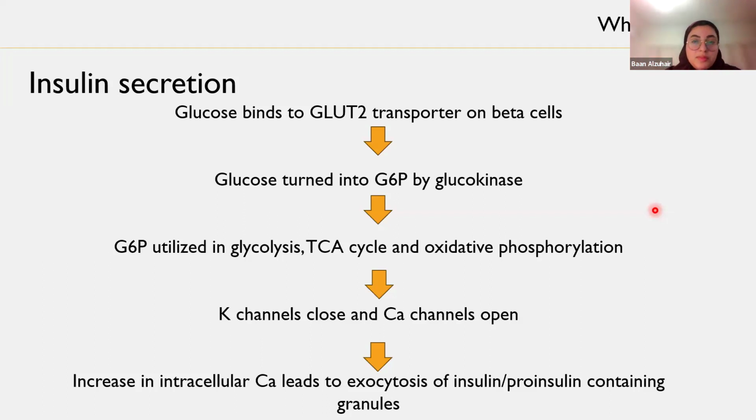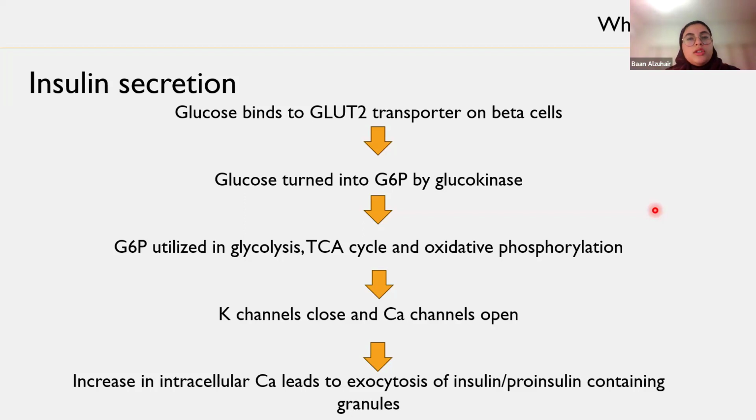And then G6P, for short, is utilized or oxidized in glycolysis, TCA cycle, and oxidative phosphorylation. You guys have taken this in Mol 1. There's no need to repeat it. So the product from these reactions will cause two things: potassium channels to close and calcium channels to open. When the calcium channels open up, calcium rushes in the cell.